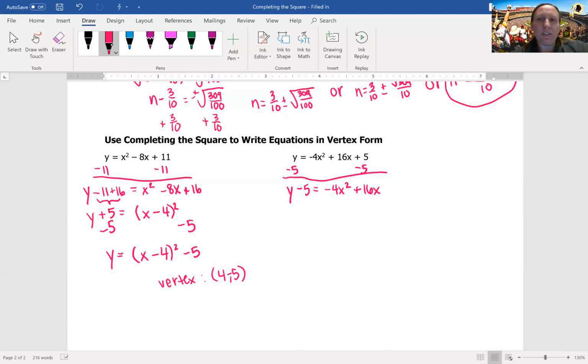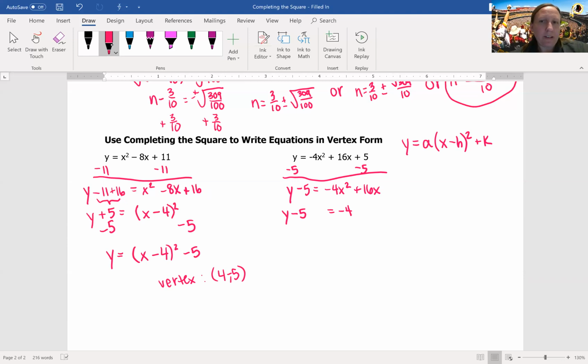And now I should note that our vertex form was something like y equals x minus h squared plus k. So we do need to have this number, this coefficient out front of some parentheses. So to get that, we are actually going to factor out that -4.